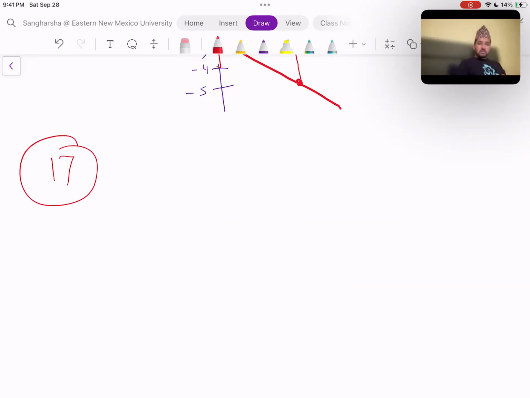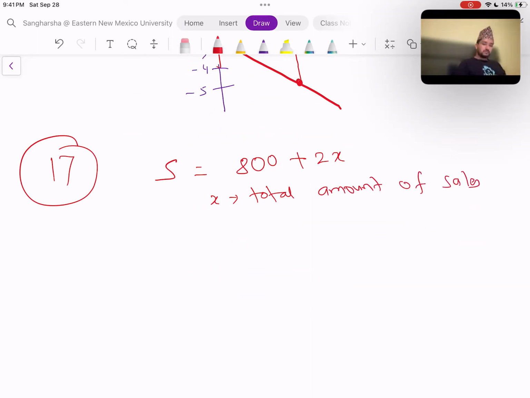A commission salesperson's earnings can be determined by, so we have earnings S, and this earning is 800 plus 2 times X. And this X is the total amount of sales generated per week.